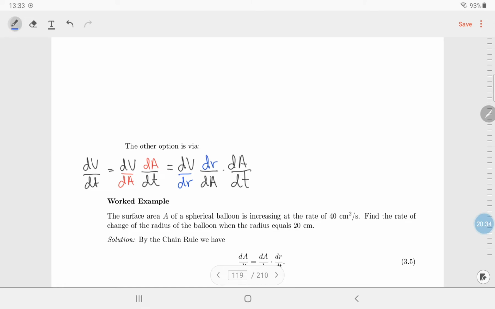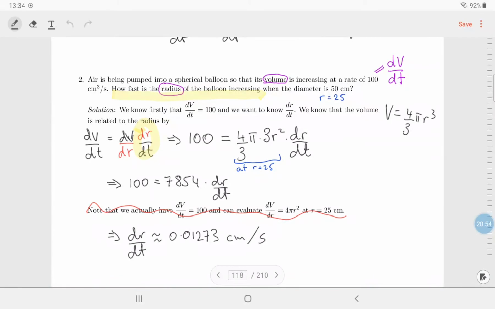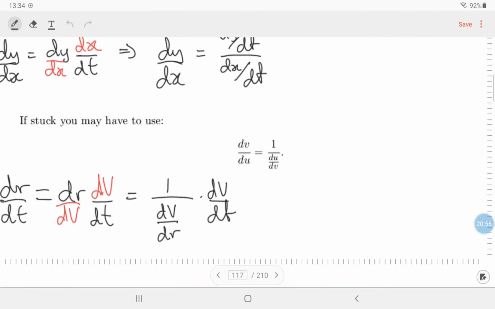And then what happens? Well, dV/dt is the rate of change of volume with respect to time. That's useful. dV/dr we can calculate. dA/dt is the rate of change of area with respect to time. The thing in the middle is weird: the derivative of radius with respect to area. We can do the derivative of area with respect to radius. So this is the situation where we're kind of stuck, where you can flip it.